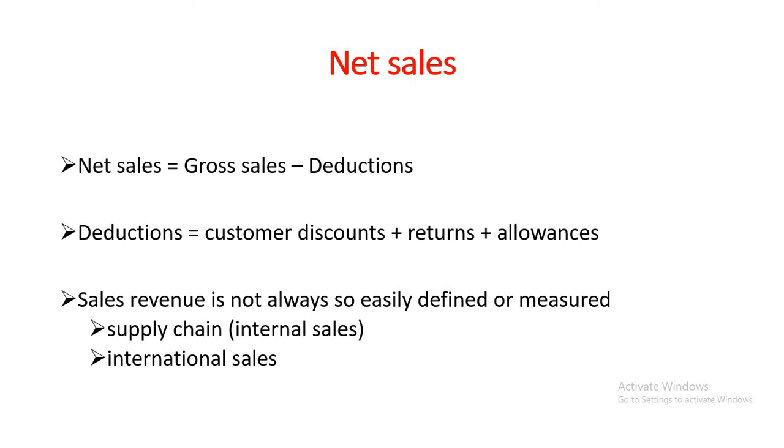Then companies like Bata have international sales, so Bata needs to convert international sales into one currency. Therefore, for companies which have international sales, it is quite difficult to measure the sales revenue.